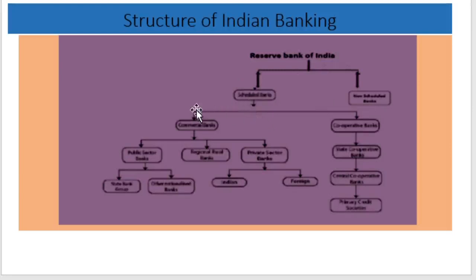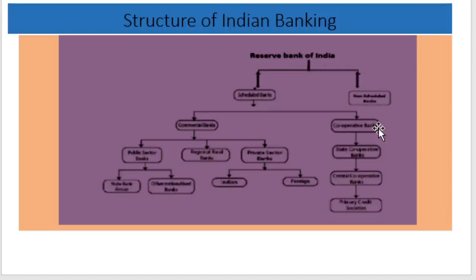Scheduled banks are further divided into commercial banks and cooperative banks. Commercial banks are divided into public sector banks, regional rural banks and private sector banks. Private sector banks comprise Indian private sector banks and foreign banks. Public sector banks comprise State Bank of India and other nationalized banks.